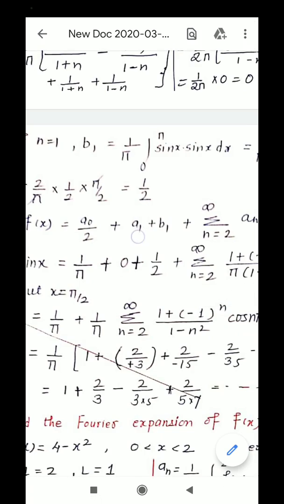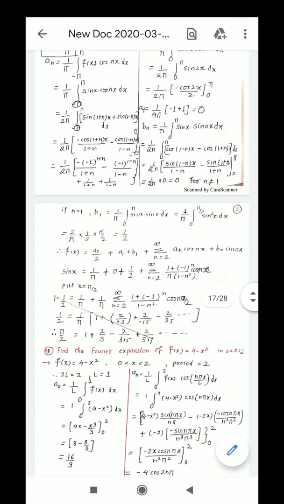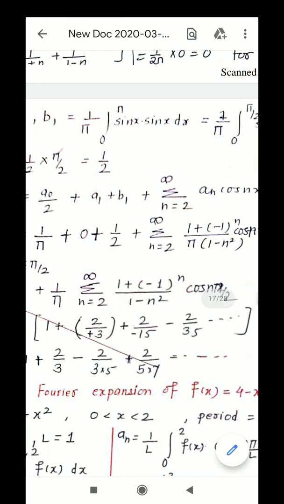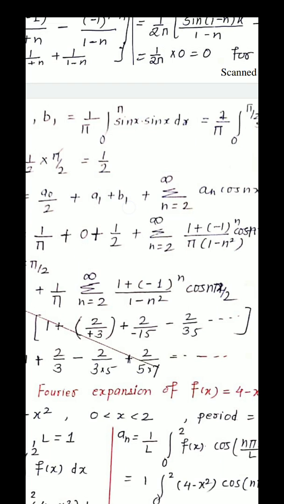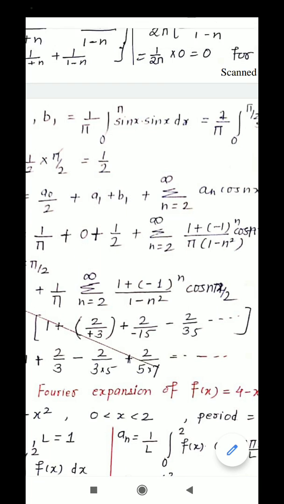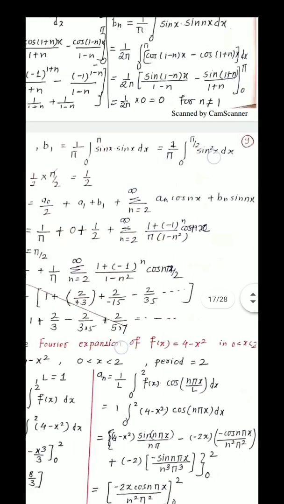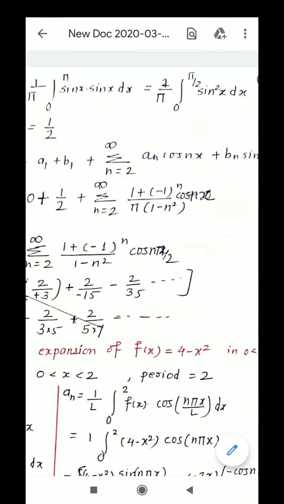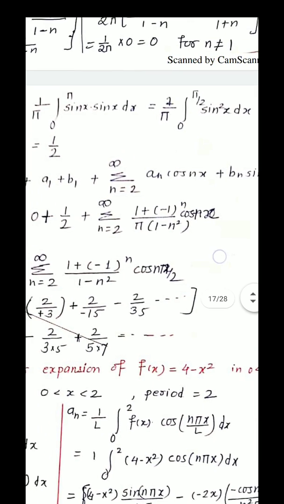So a1 into cos x is there here, plus b1 into sin x. So a1 is 0 plus b1 is 1 by 2 sin x, and plus summation of n varies from 2 to infinity an, which is 1 plus minus 1 raised to n upon pi into 1 minus n square, cos nx, and bn is 0.